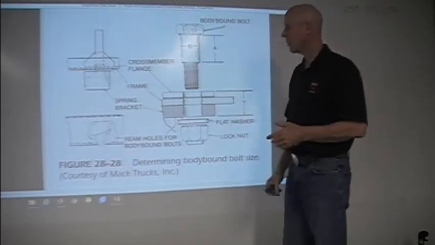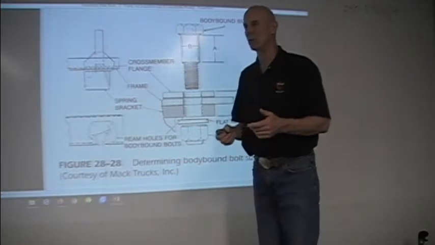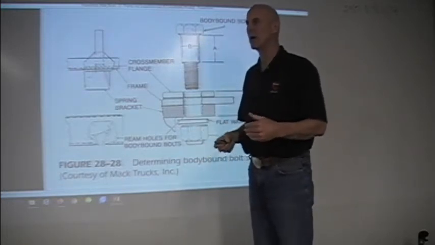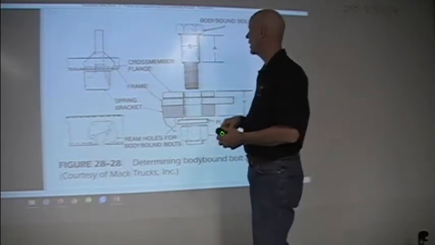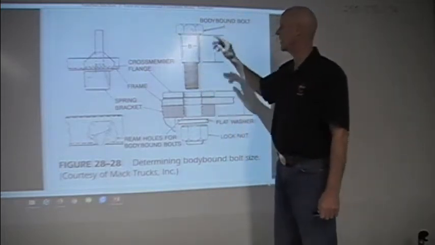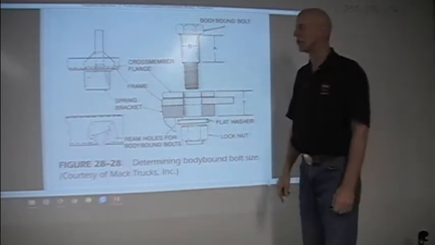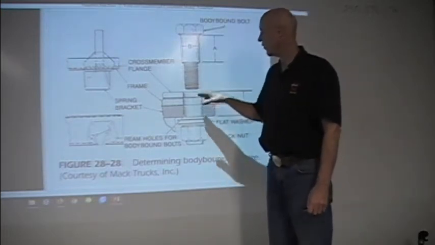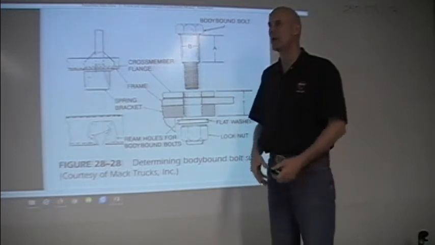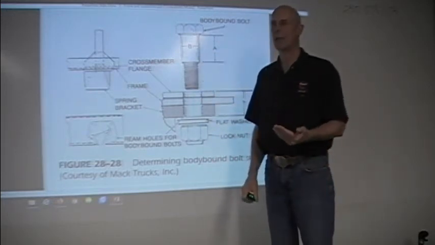Now another thing that we want to look at is there's a thing called a body bound bolt, and we discussed this when we were discussing nuts and bolts. Now a body bound bolt is, let's say it's 5/8 of an inch. Dimension B will be exactly 5/8 of an inch. When we ream the frame out to accept a body bound bolt, when we ream it out to 5/8 of an inch, that bolt has to be tapped in.